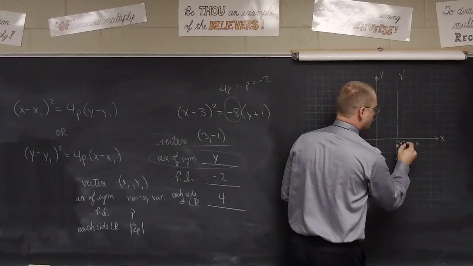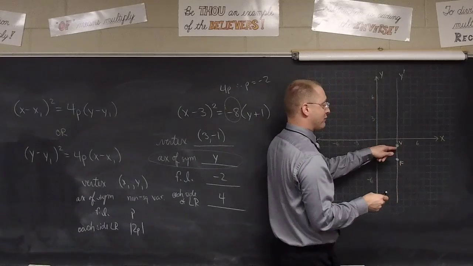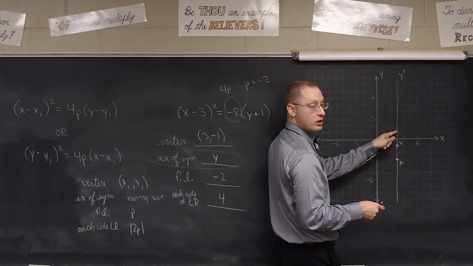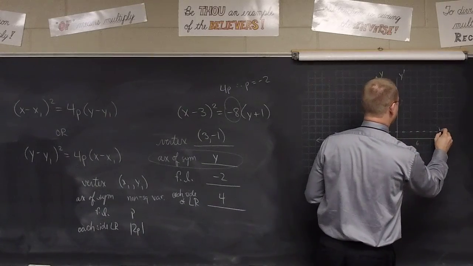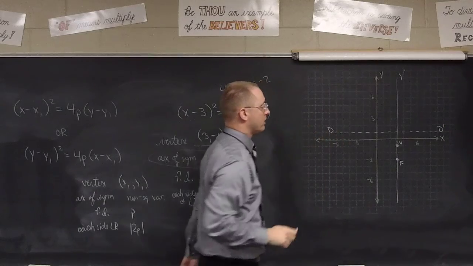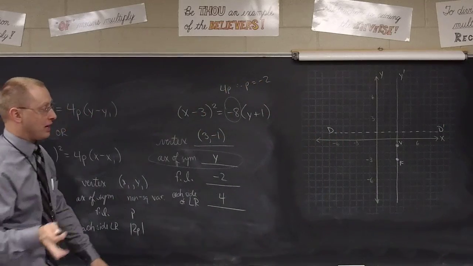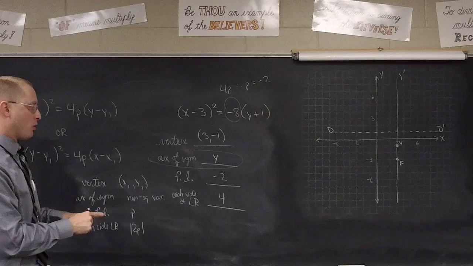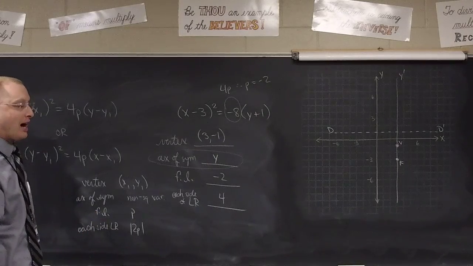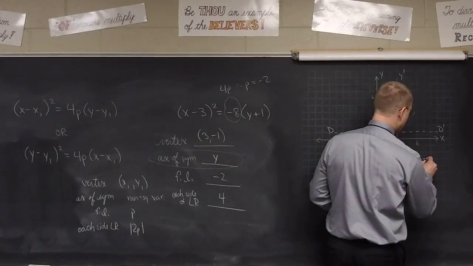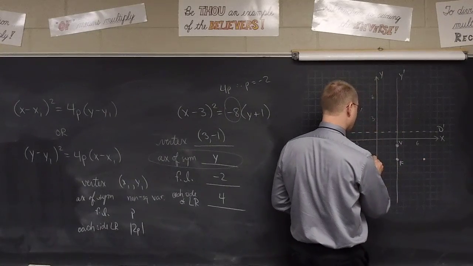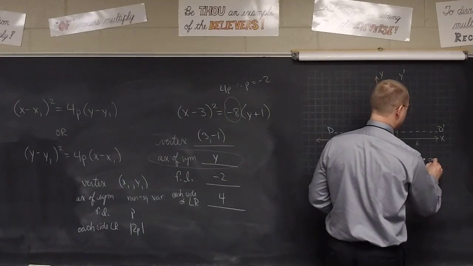And if we go down 2 from vertex to focus, then we'd have to go up 2 from vertex to directrix. And then parallel to the directrix, through the focus, we're going to go out 4 in both directions. 4 here, 4 here, to the endpoints of the latus rectum.